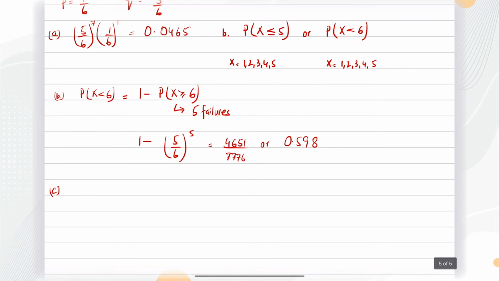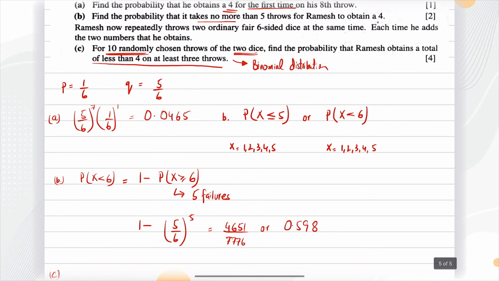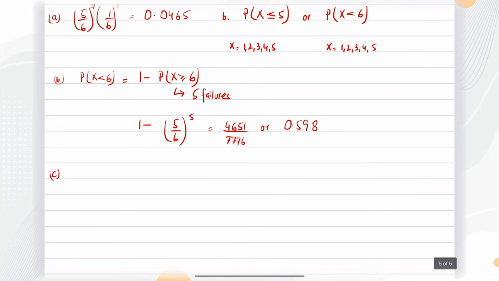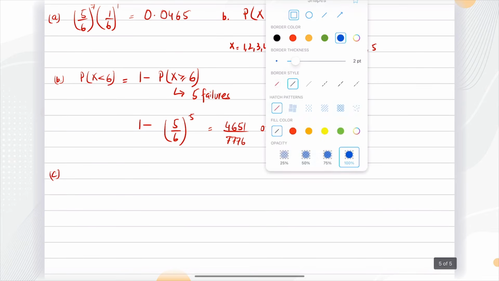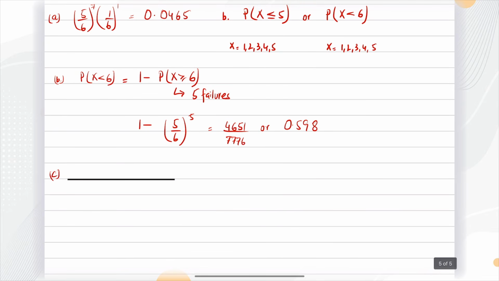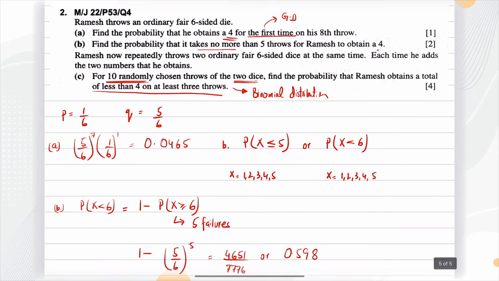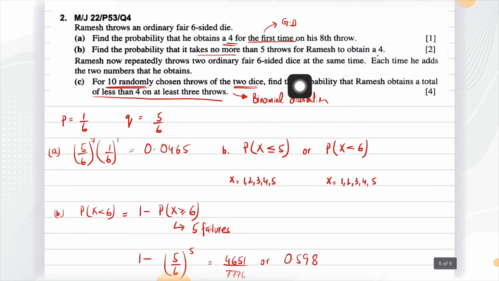Okay, so let's do this since we've already done binomial distribution. So let's see what is considered success. Success is basically a total of less than 4 on at least 3 throws. Here we're talking about 2 dice that we are throwing, and we are interested in finding out the score being less than 4. So let's write down all the scores that are less than 4 first. Since we're talking about 2 dice and total, we're summing up the 2 scores.